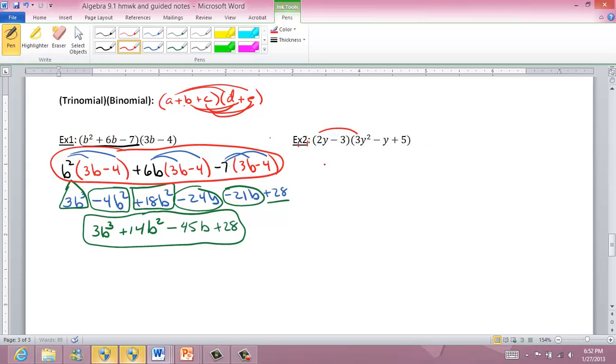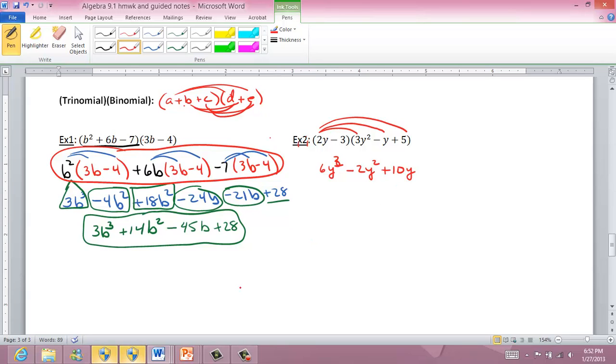So 2y times 3y squared, right away I would just write 6y to the third. 2y times negative y is going to be minus 2y squared. 2y times 5 would give me positive 10y.